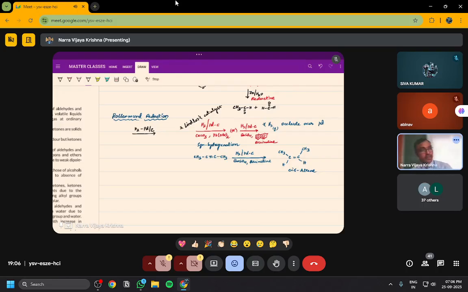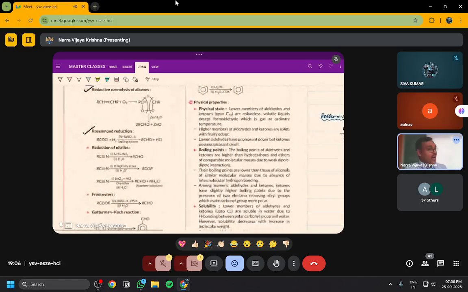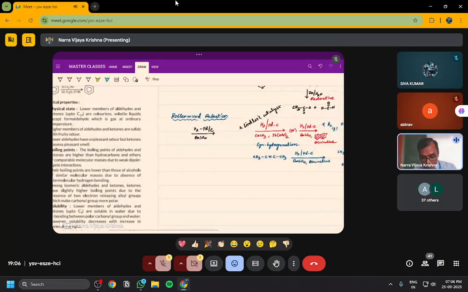Now, I have taken barium sulfate. If quinoline is not there, only I am taking barium sulfate. Now, instead of reducing alkynes, I am reducing acid halides. RCOCl means acid halides. Now I am reducing acid halide, CH3COCl, to aldehyde, CH3CHO.